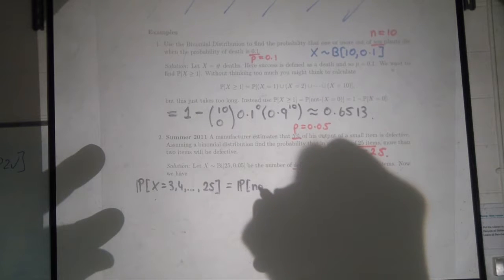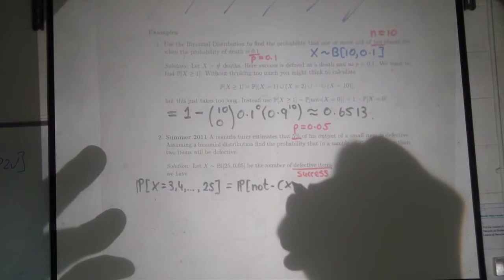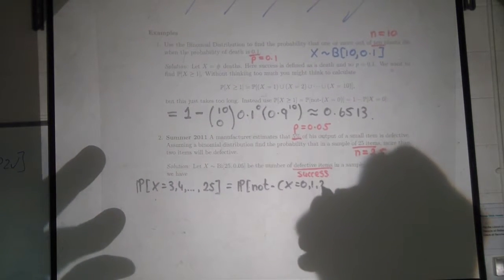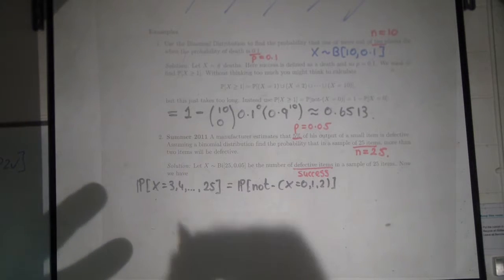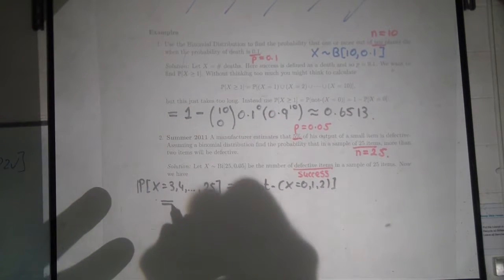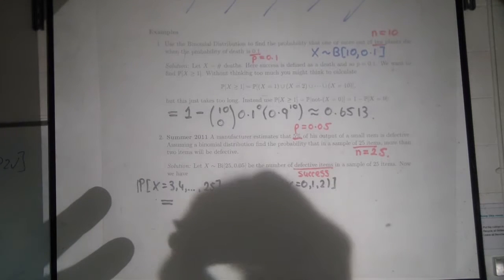Not x equal to 0 or 1 or 2. So they're the same thing. X being 3, 4, 5, 6, 7, 8, 9, 10, up to 25 is not 0 or 1 or 2. What's the probability of not something? One minus it, yeah.